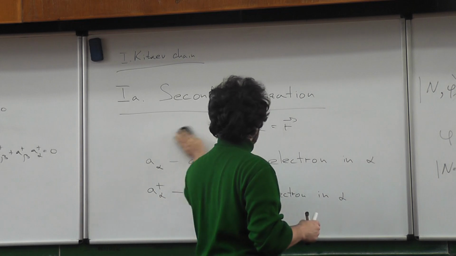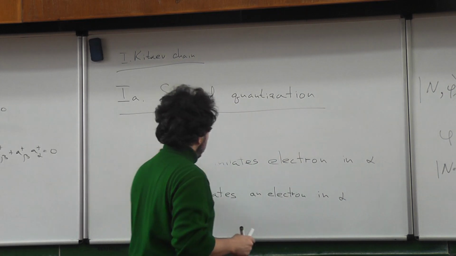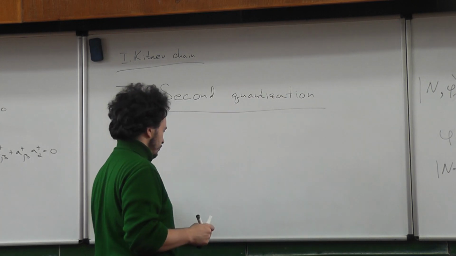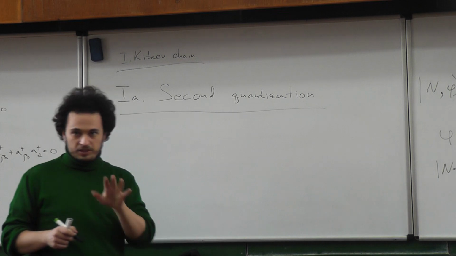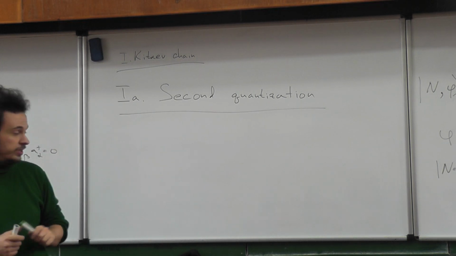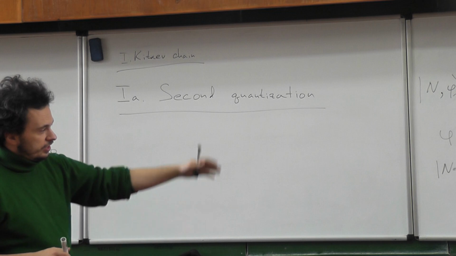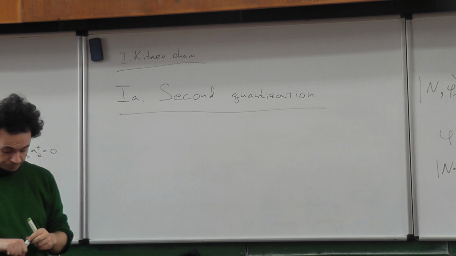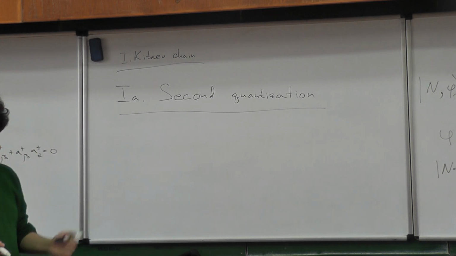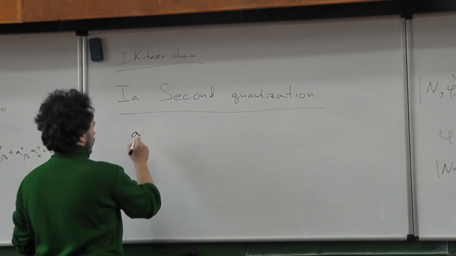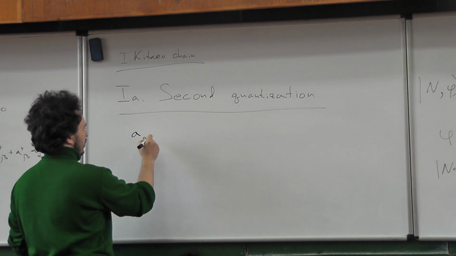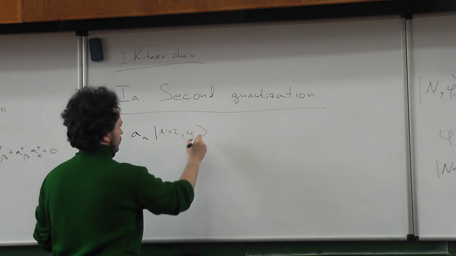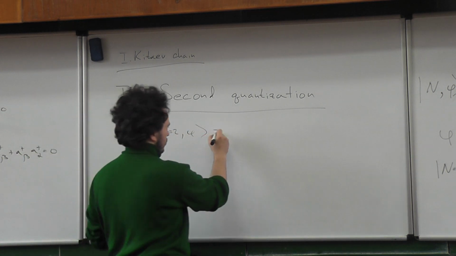We need to do a couple more exercises to get the feel of the formalism, and this will help us later when we build upon this formalism. So I have this state with two electrons in positions A and B. And I want to apply an operator A, which kills an electron in that state. There's nothing simpler.